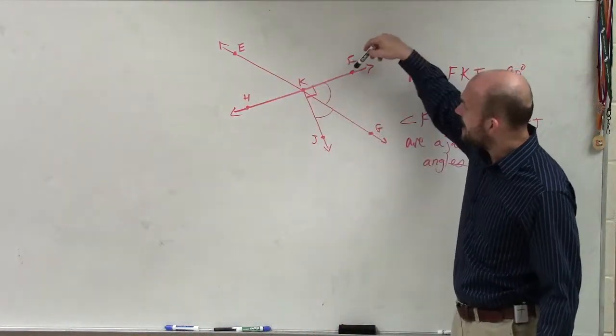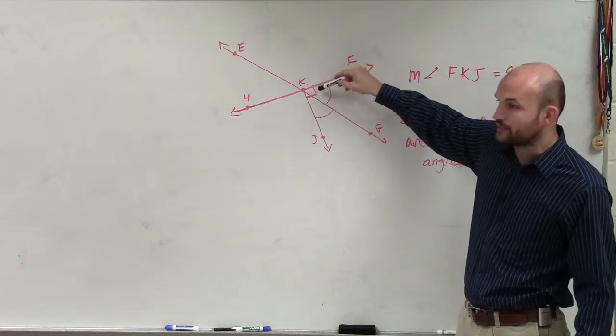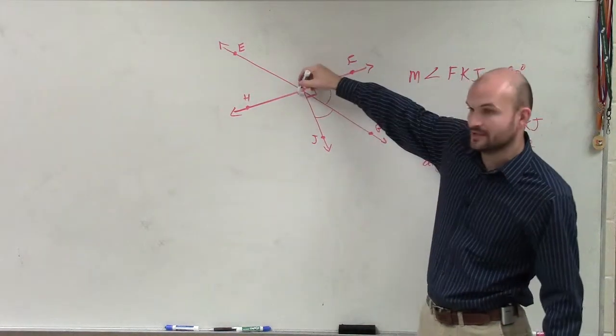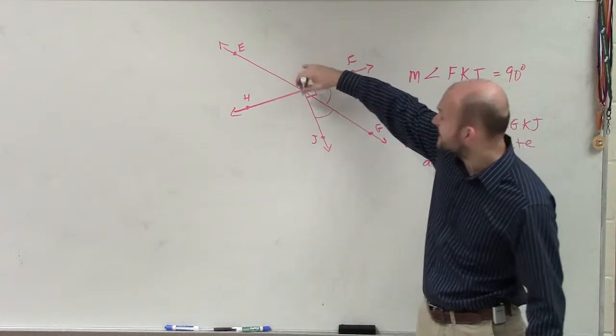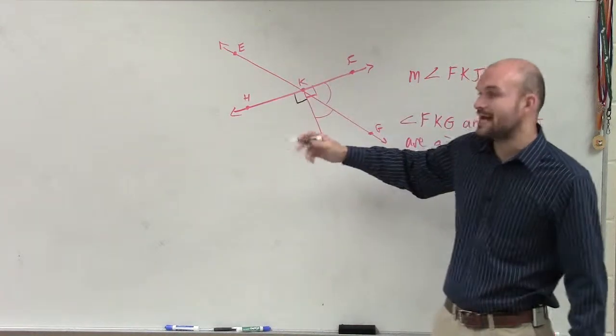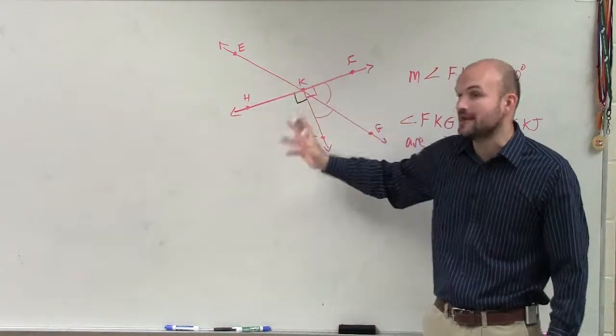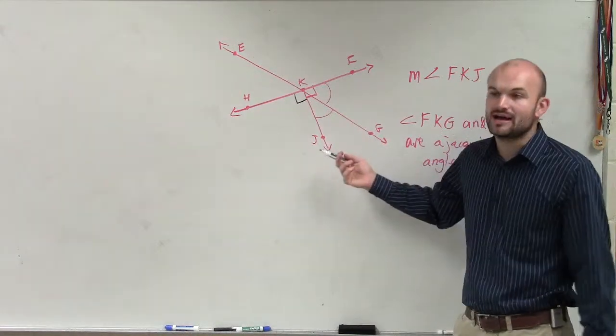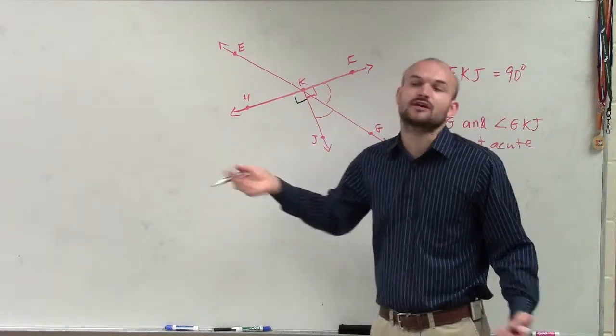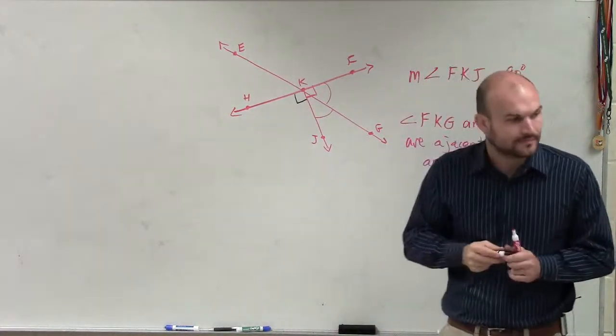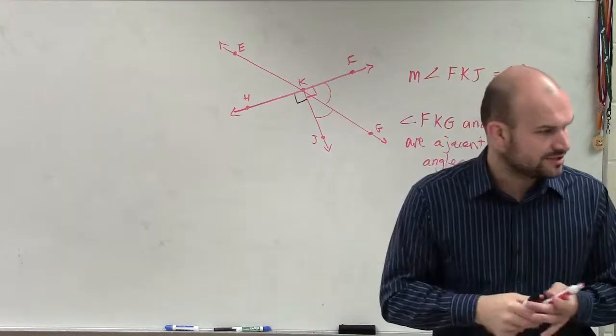So if I have FKJ is 90 degrees, what does this angle have to be? 90. So therefore, your two angles are adjacent. But HKJ is actually going to be 90 degrees. So therefore, it won't be acute. OK? Anybody have any other questions?